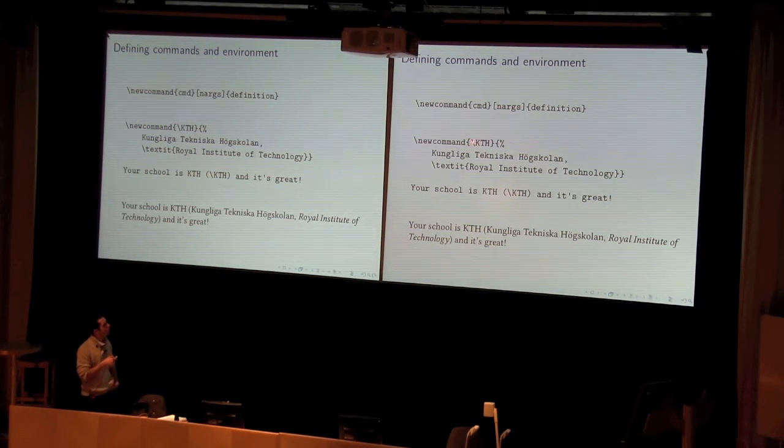For example, if I want KTH to have 3 arguments, I need to put 3 in square brackets, just here. Then comes the definition. Okay, so here I put Tekniska högskolan, and then I italicize the English version. And then I use it. This is exactly what I want to have on the output.